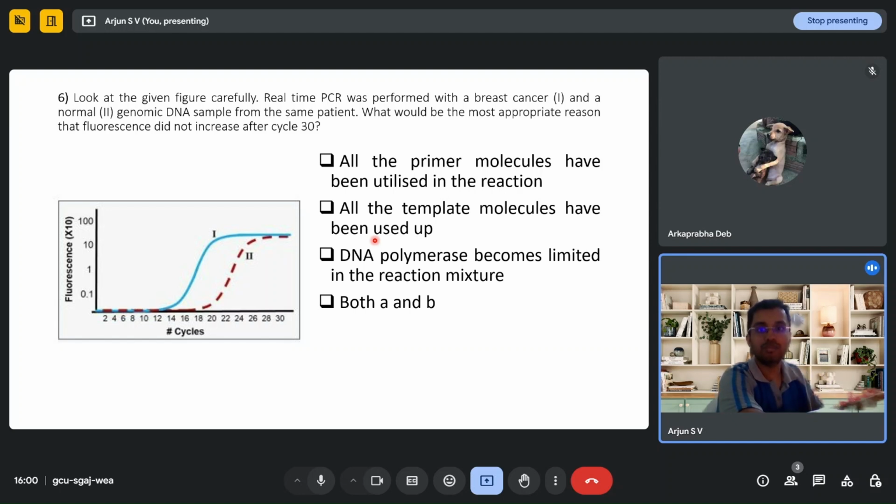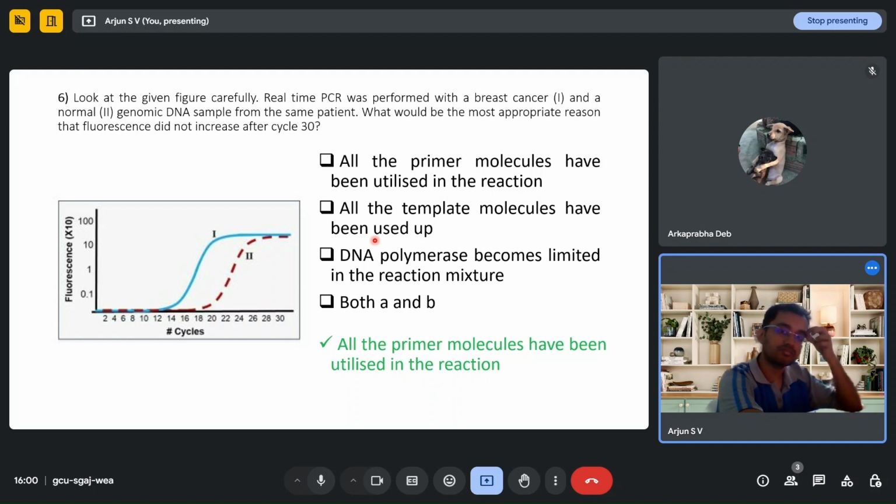DNA polymerase becoming limited in the reaction mixture could also be a reason, but most probably the answer would be that primer molecules have been used up in the reaction. Usually we add more polymerase than we intend to, because it can generate additional copies than intended as well. So the usual reason is primer molecules that have been used up.